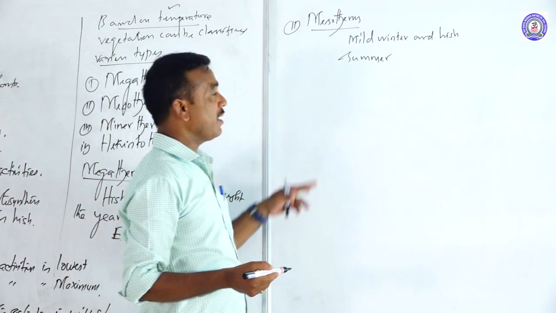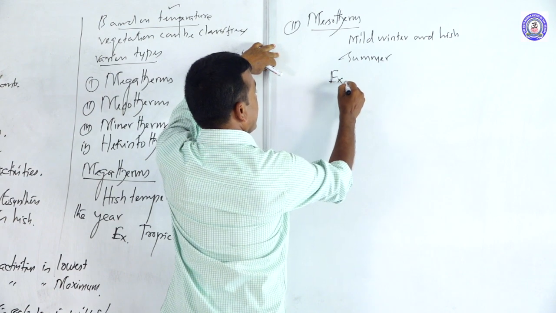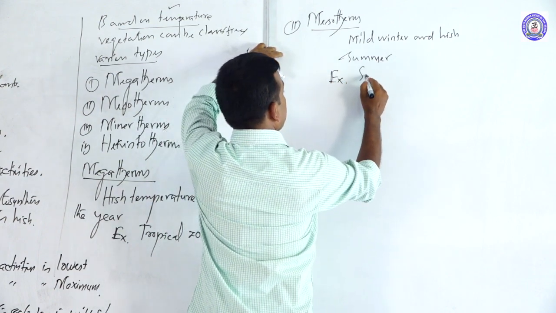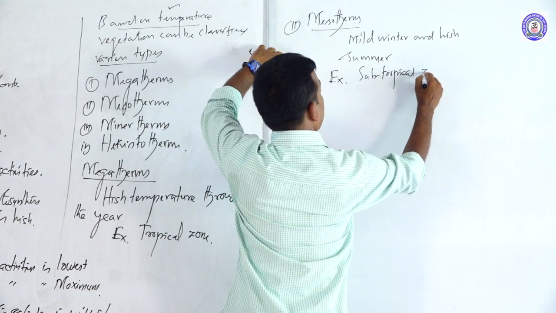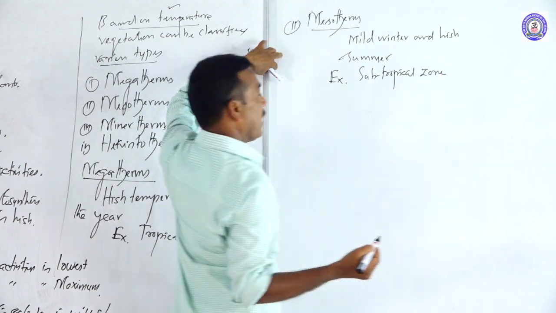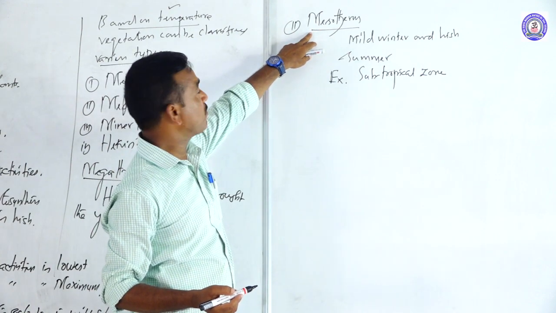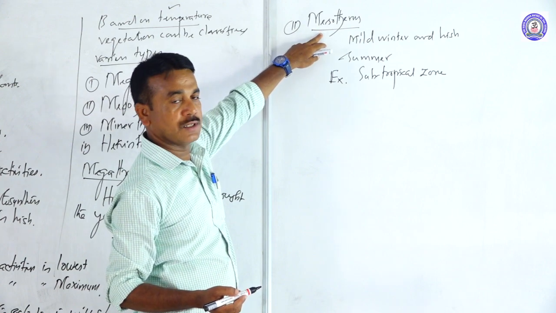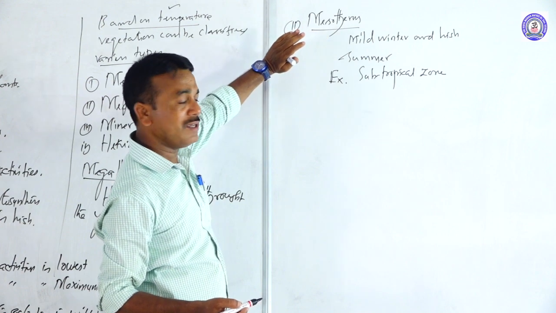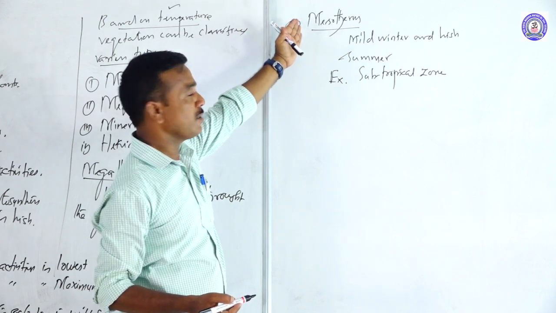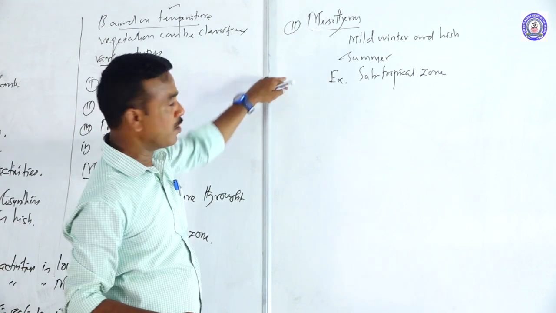This kind of plant is commonly called mesotherms. An example is the subtropical zone. So the plants which occur in the subtropical zone are considered mesotherms. What is the meaning? Mild winter and high summer, that kind of plant is commonly called mesotherm, which occurs in the subtropical zone.